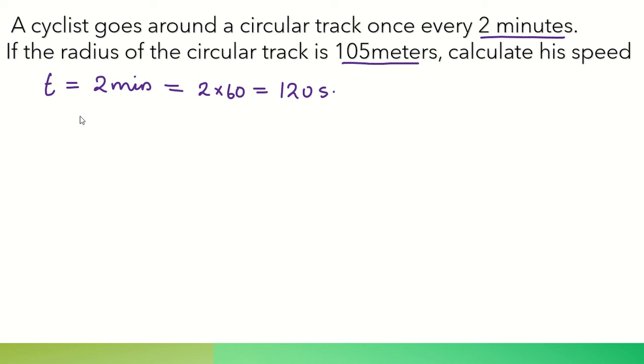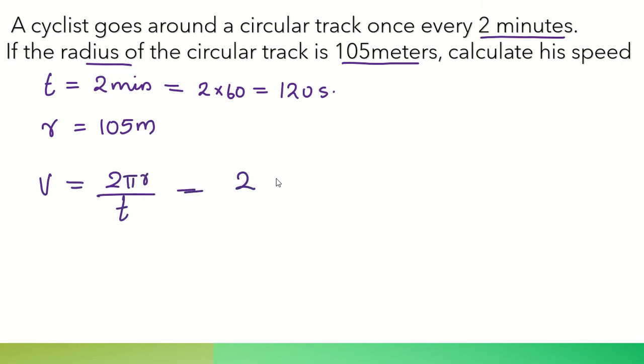Now distance. What is the distance given here? The circular path has a radius of 105 meters. So r is equal to 105 meters. Our formula for speed is 2 pi r divided by t, so 2 into 3.14 into the radius 105, divided by 120.